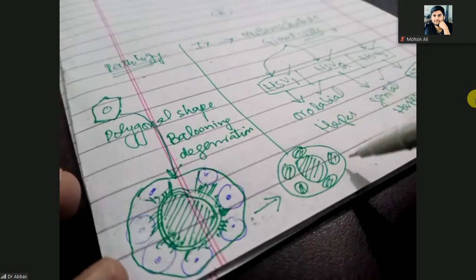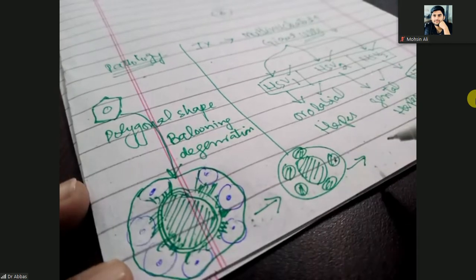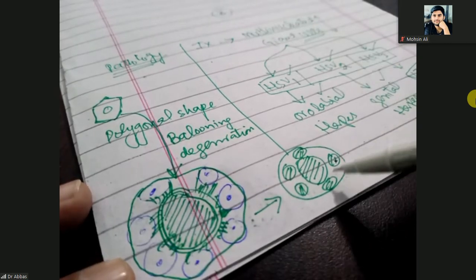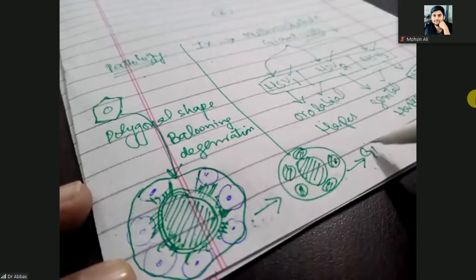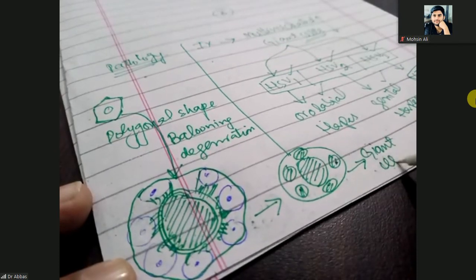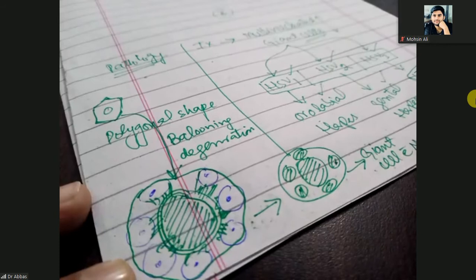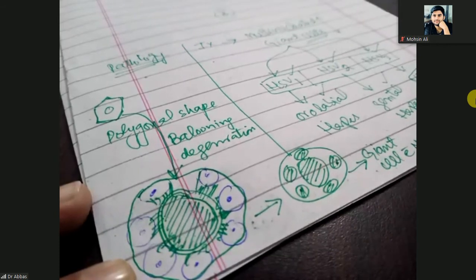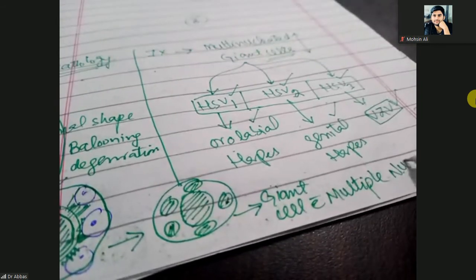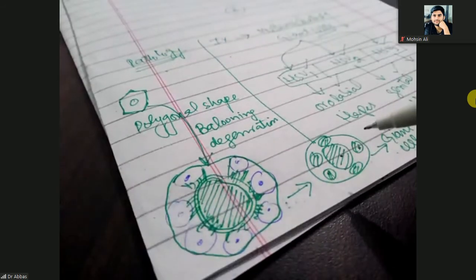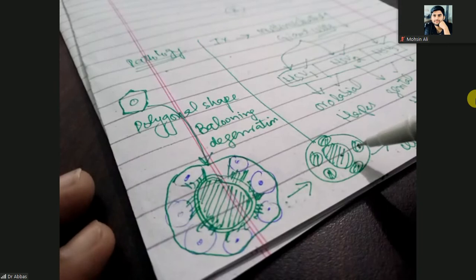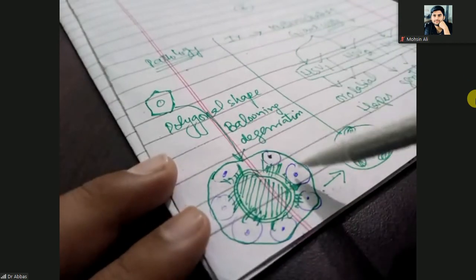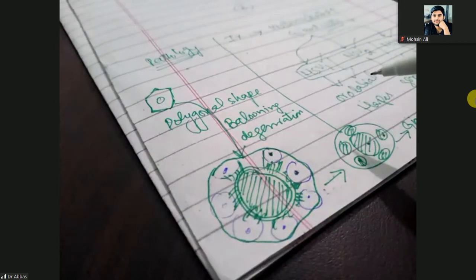So it is a bigger cell with multiple nuclei. We call it multinucleated giant cells. This is the giant cell with multiple nuclei. These nuclei are in the same cell, but the nearby nuclei are there due to the fusion of the cell membranes of the peripheral cells.